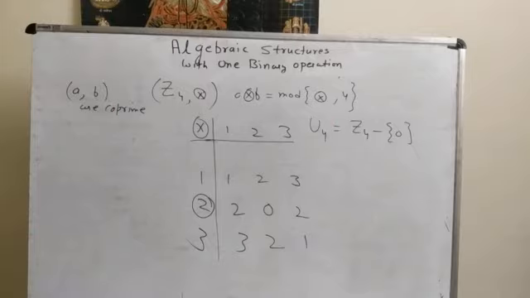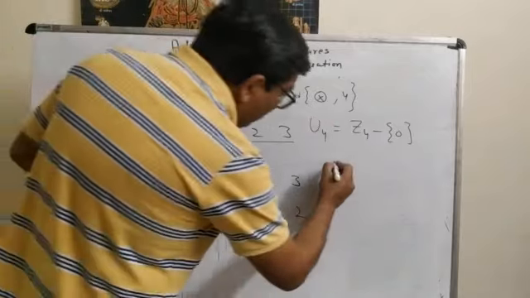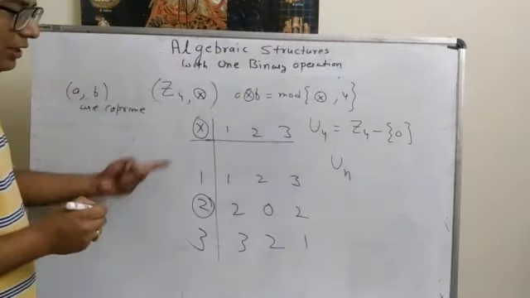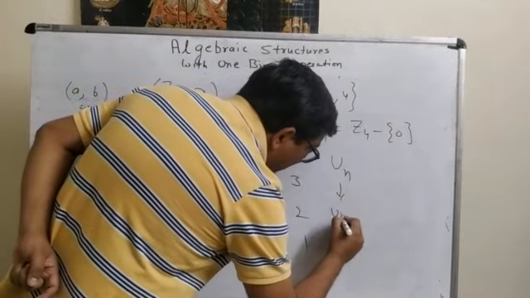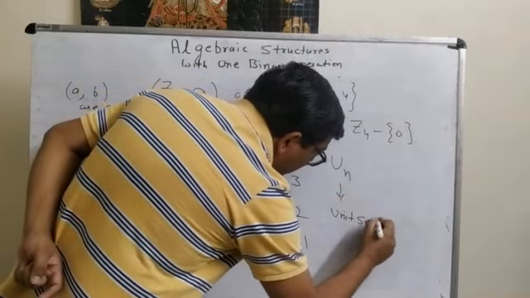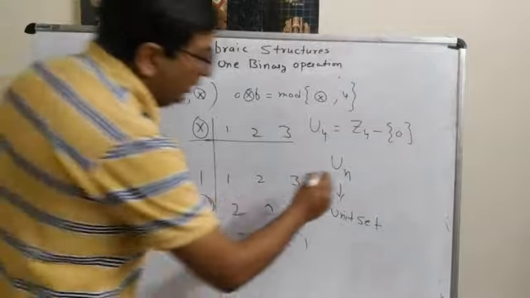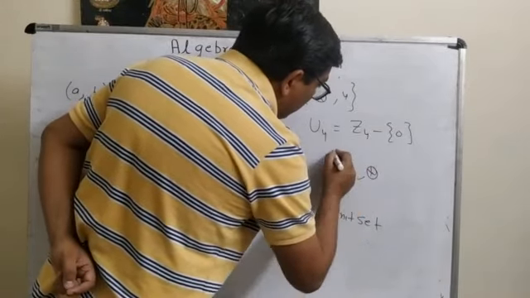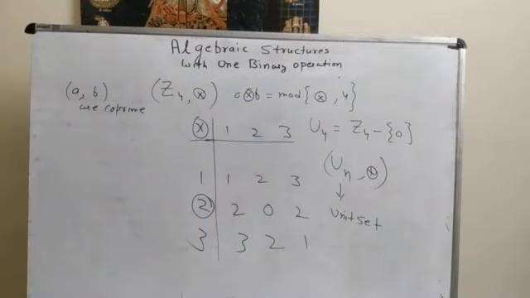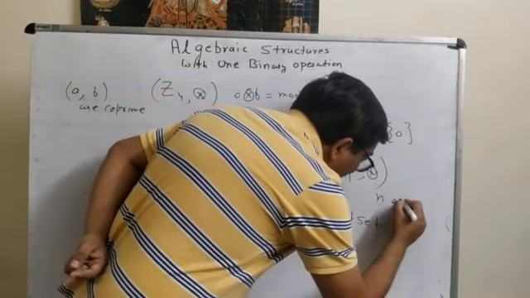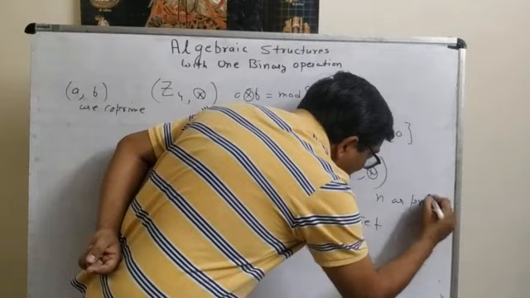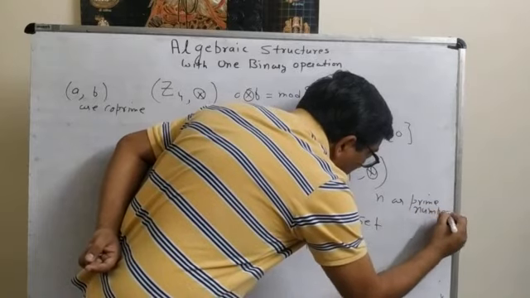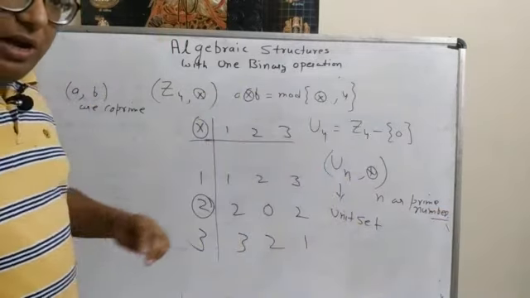So now let us try to define another group UN. Let us say it is the unit set. The operation is the same. And if we take this n as a prime number, then what will happen?